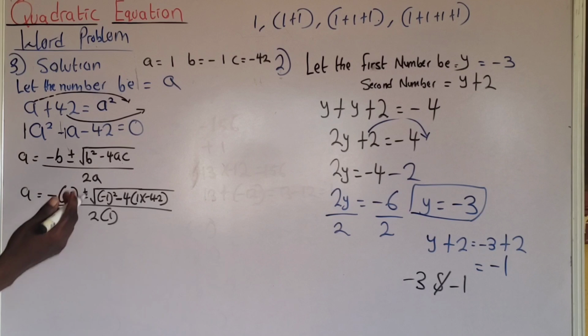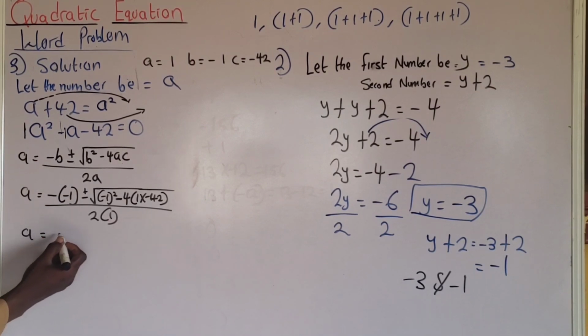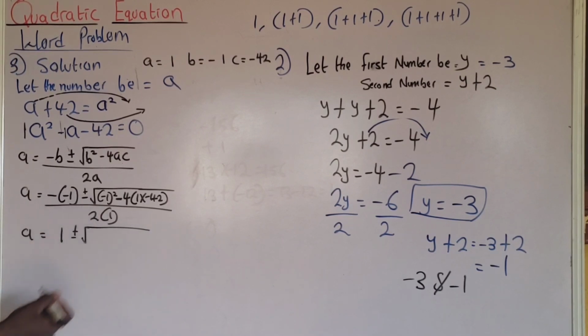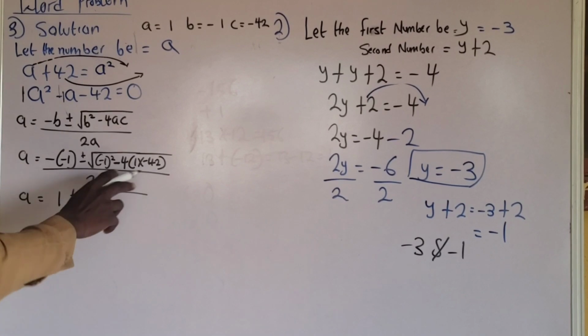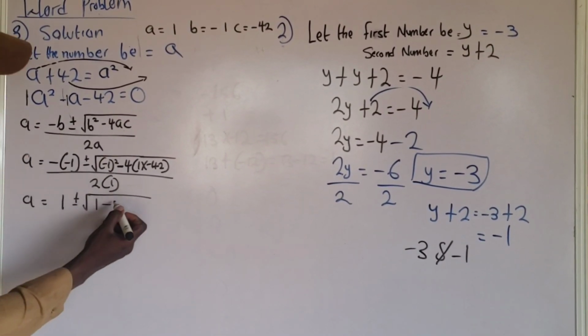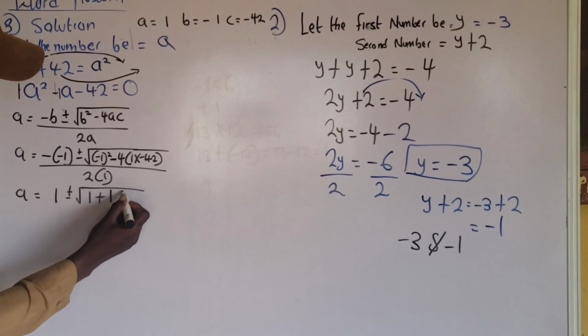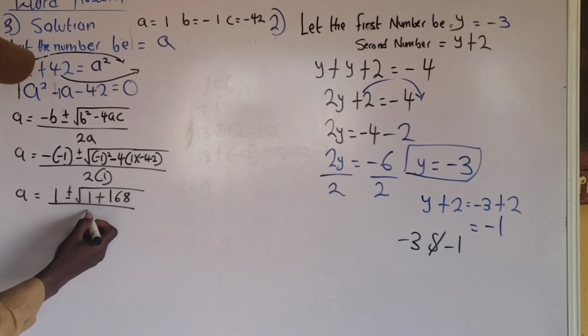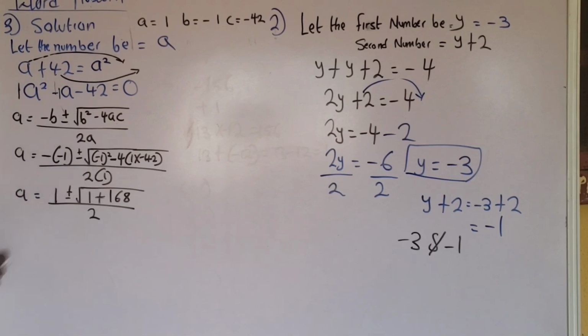So all you have to do is simplify this. Let's proceed. a is equal to 1 plus or minus the square root of negative 1 squared, which is 1. Negative 42 multiplied by negative 4 gives us 168, that is plus 168, all over 2, because 2 multiplied by 1 gives us 2.